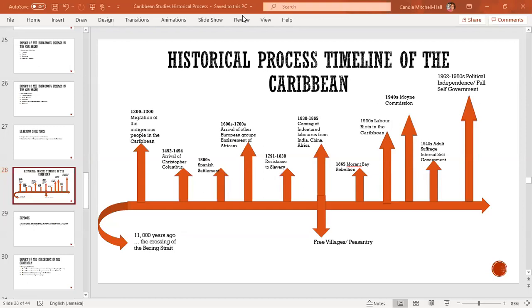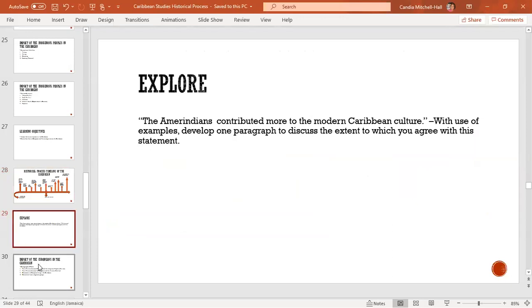Can't remember. And then Jamaica was taken over from the Spanish in 1655. All right, so we have all of these settlements. Then the French and the Dutch came, and that's why we have all these different European groups in the Caribbean today.